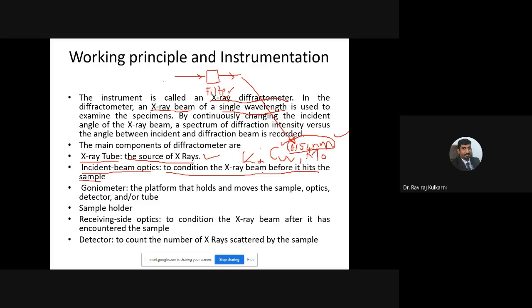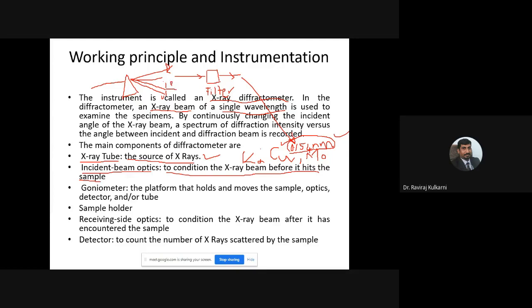I think you studied filters, or you can use a prism. When white light is passed through a prism, you get seven different colors. I want only one particular wavelength, say this is violet and this is red. I just want one color, so I'll use one slit and collect only this blue light.